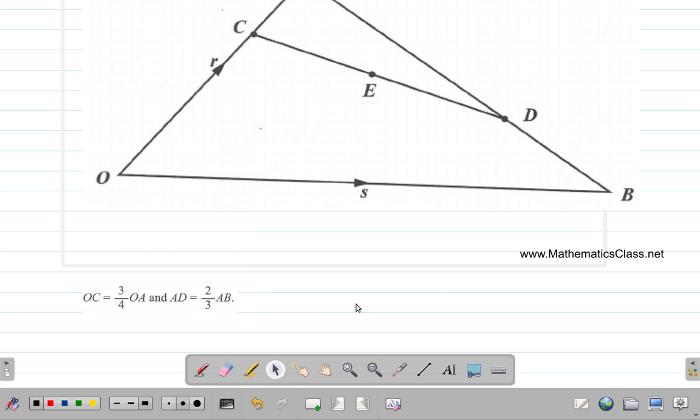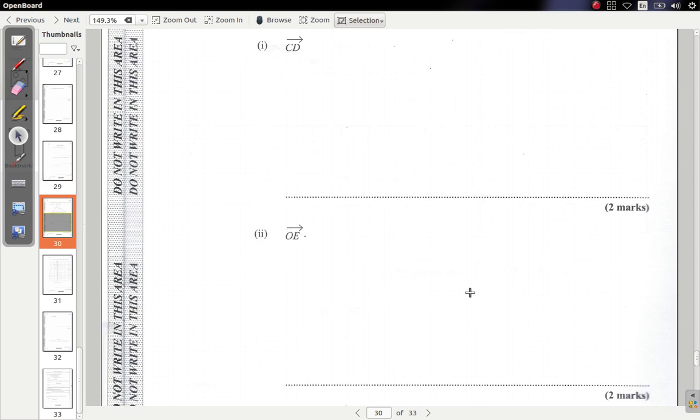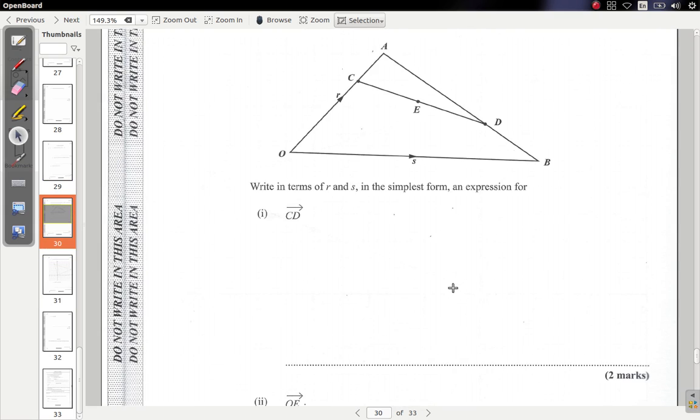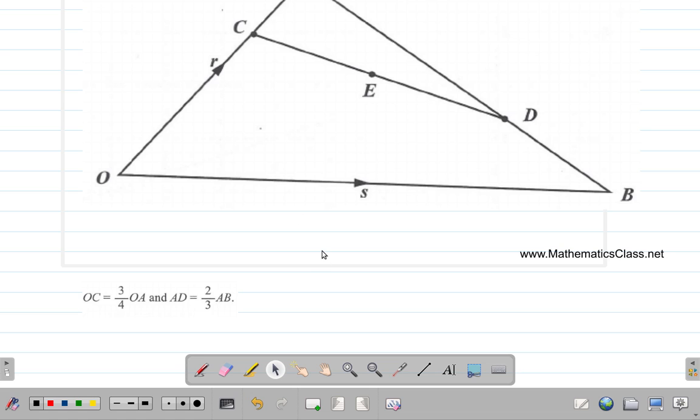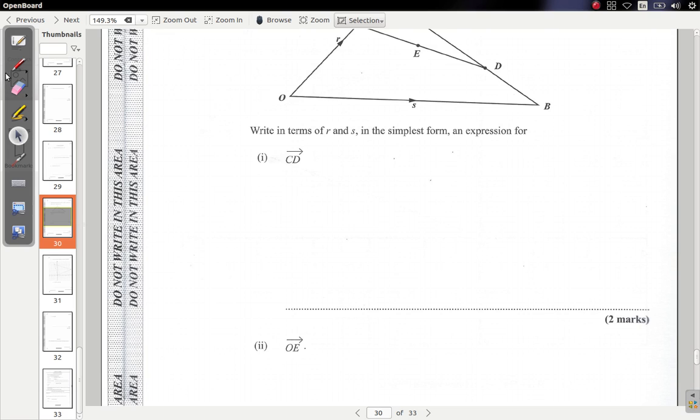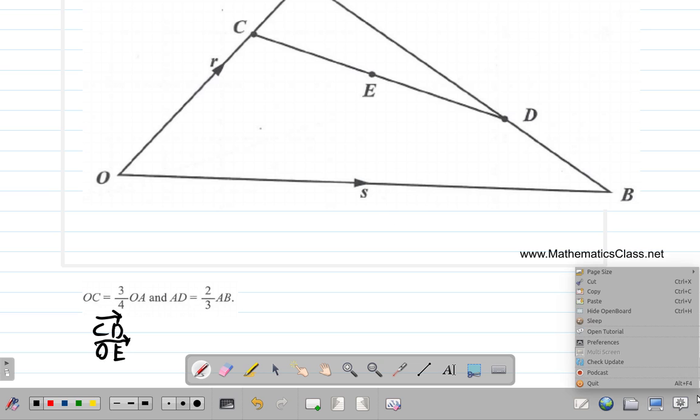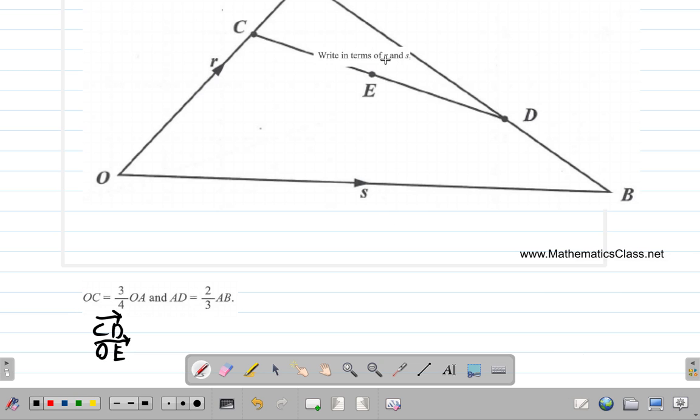And then they want CD and OE. We just write them down. We find CD and OE in terms of r and s. Copy and put this right here.